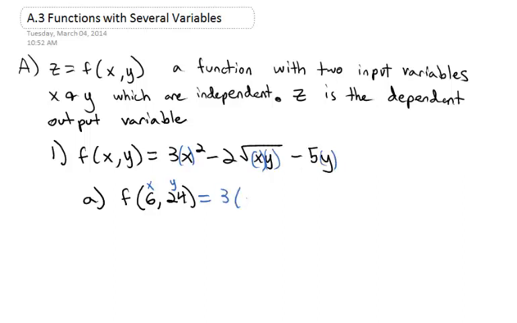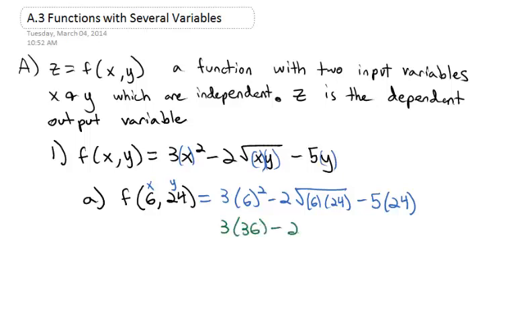So we have 3 times 6 squared minus 2 times the square root of 6 times 24 minus 5y, which is 24. And then we can simplify this expression. So we end up with 3 times 6 squared is 36, minus 2 times the square root of 6 times 24 is 144, minus 5 times 24 is 120.